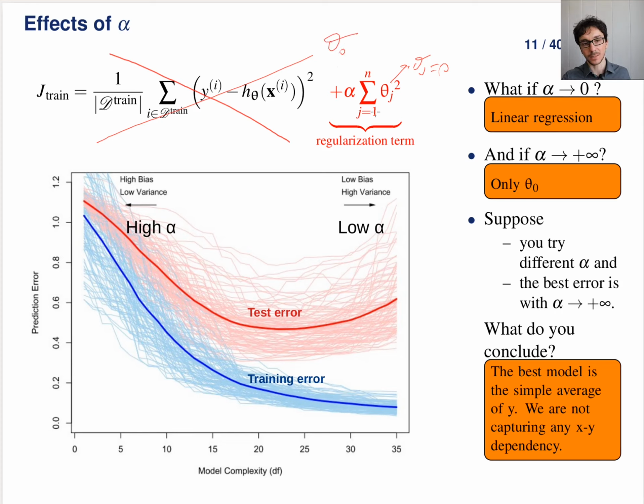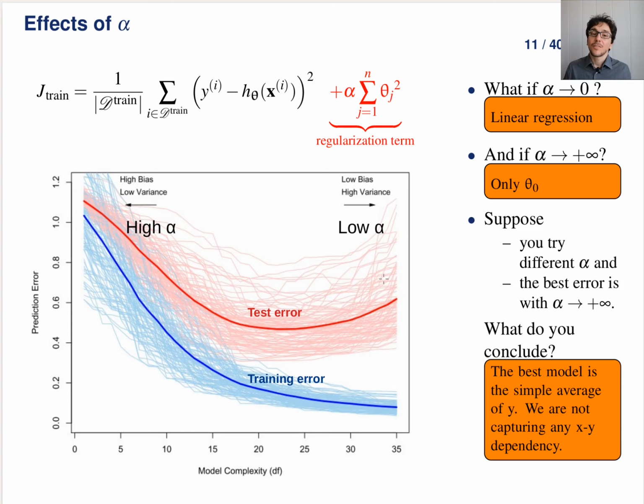Observe in fact that the bias is not included in the regularization term. So when this regularization coefficient alpha is very high, your model is completely rigid. It's like just a constant value, so it doesn't vary at all with the features. It remains constant.